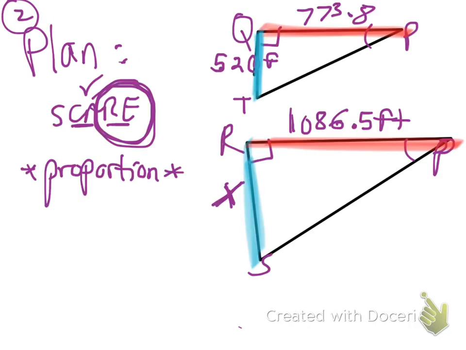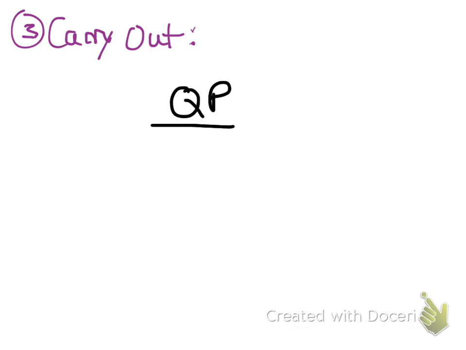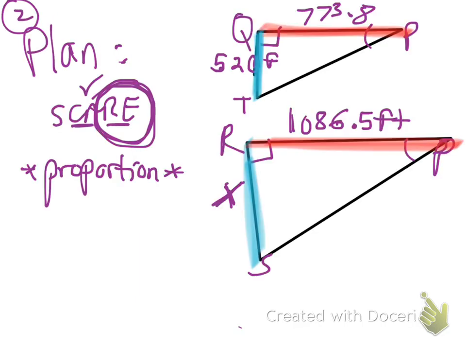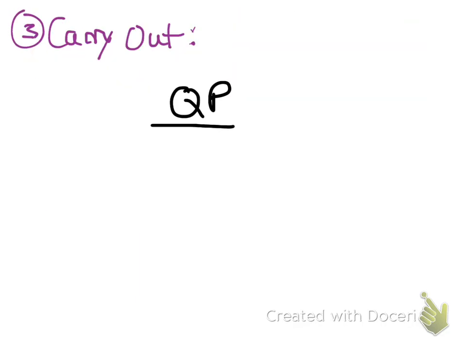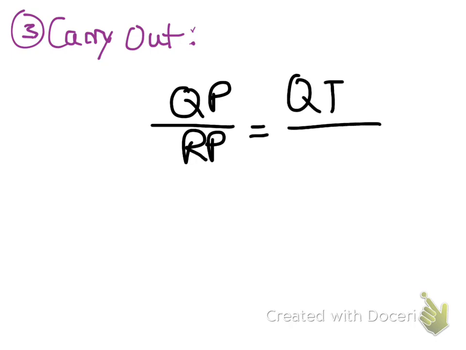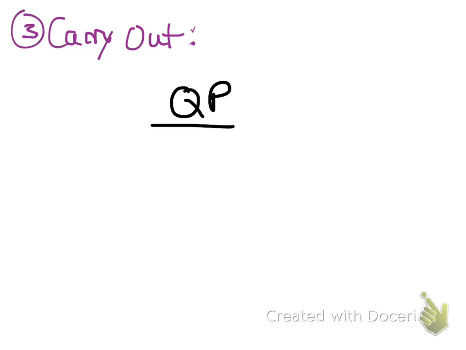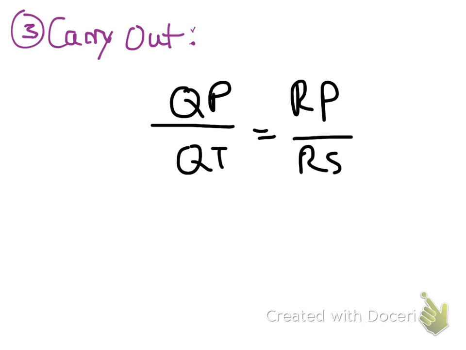That would be QP over RP should equal QT over, oh whoops, setting that up wrong. QP over QT equals RP over RS. That's my side ratios are equal, what I know about similar triangles.